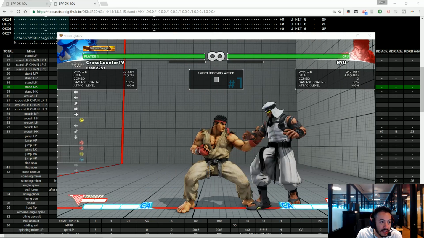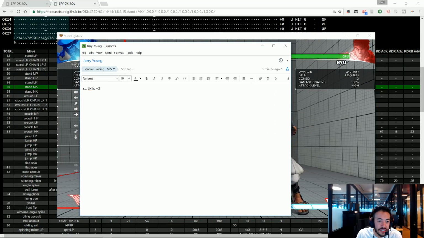Essentially, we can just start like this: standing light kick and crouching light punch are +2. But standing light kick is more practical because crouching light punch will chain into standing light punch, which messes up the tick throw.